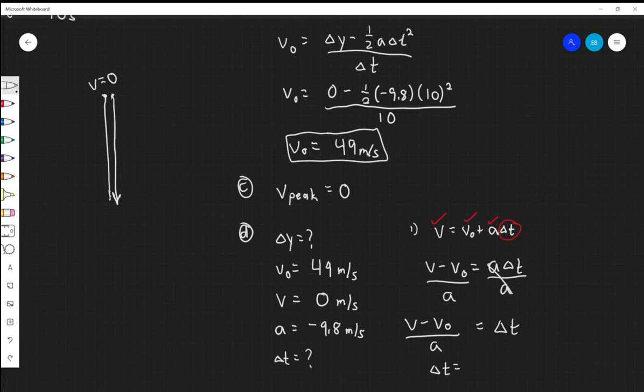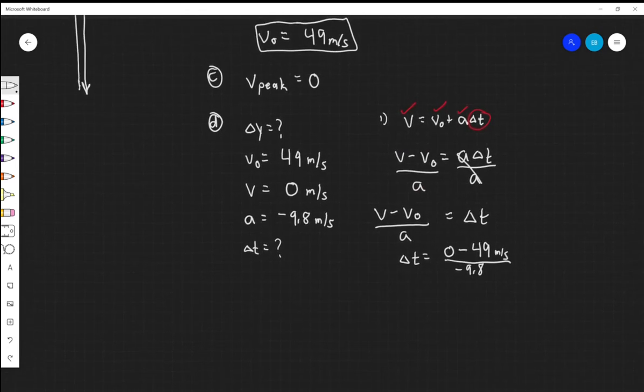So change in time is equal to V final, which was 0, minus V naught, which was 49 meters per second, all divided by the acceleration, which was negative 9.8 meters over second squared. Plug all these numbers in, you'll find your change in time is equal to 5 seconds. That kind of makes sense, right? The total time is 10, so to get to the peak is half of that total time.